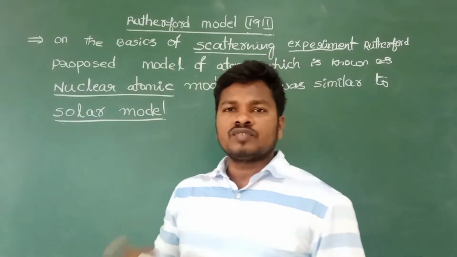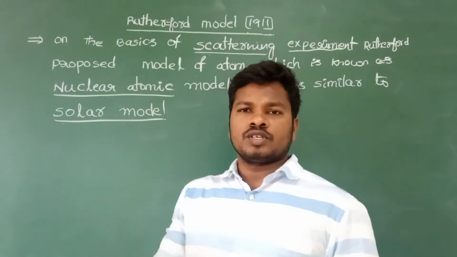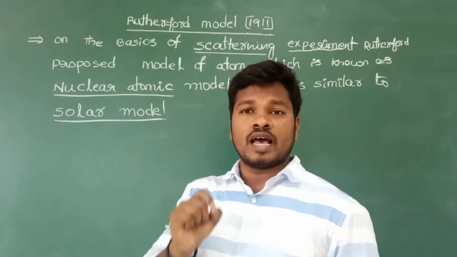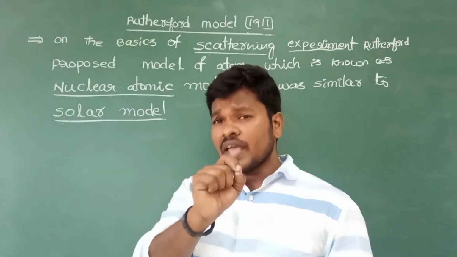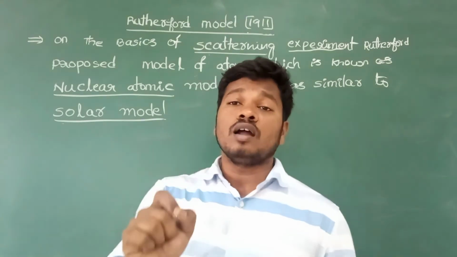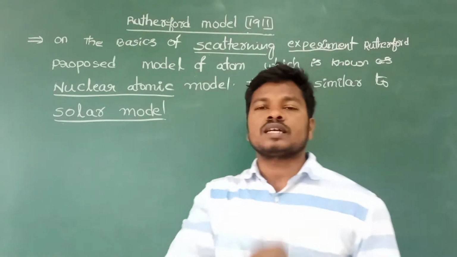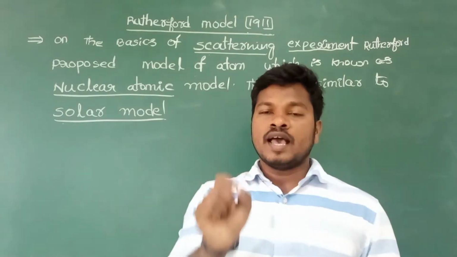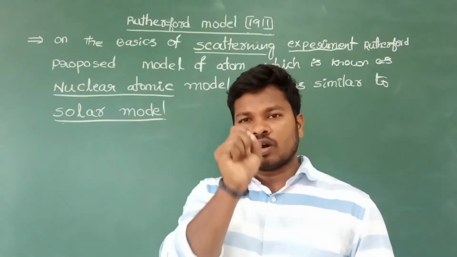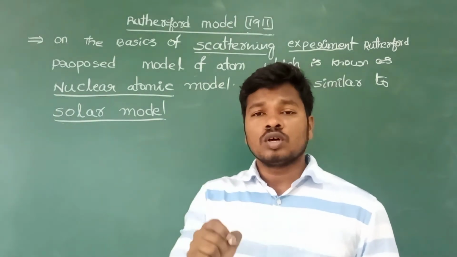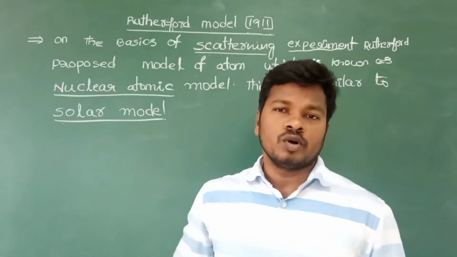After the J.J. Thomson model of the atom, Rutherford did the alpha ray scattering experiment. After the experiment, he gave some conclusions, and based upon those conclusions, Rutherford proposed one atomic model.